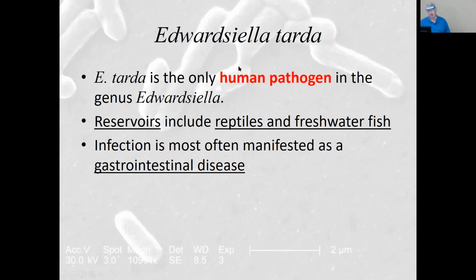So the tarda is the one that we're focused on. It's normally in reptiles and freshwater fish, and the infection manifests itself in humans as GI disease, gastrointestinal. You can imagine how we would get that eating fish, maybe with reptiles.